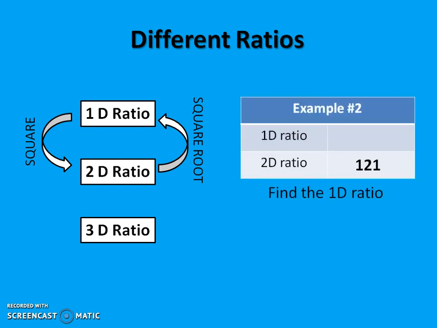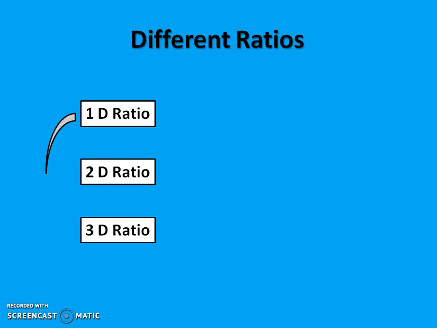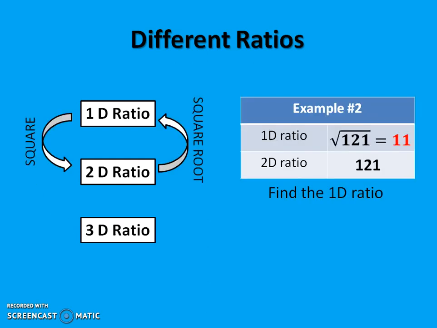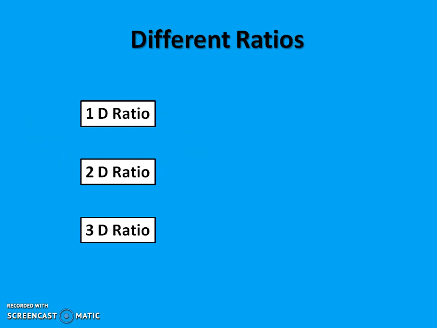And working backwards, if we had two shapes whose areas were related by a ratio of 121, so one shape had an area 121 times larger than the other, that means the lengths of those two shapes would be 11 times larger one than the other. The square root, sorry, just to look back at that. It ends up being the square root of the 2D ratio.